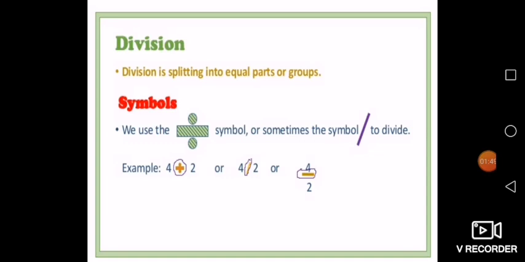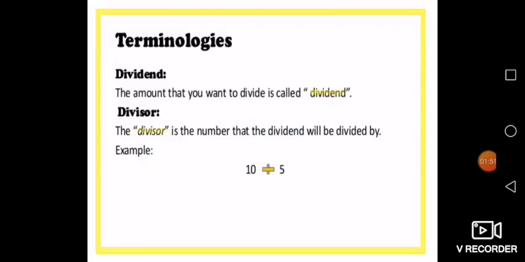So we'll see what the terminologies are. Terminologies means the words which we use continuously, like in multiplication we used multiplicand, multiplier, product. Similarly there are a few terms which we use in division, and those terms must be clear to you all. The first word is dividend.